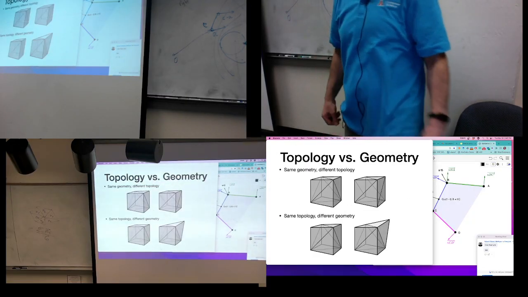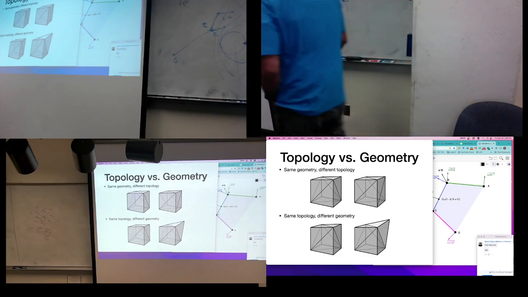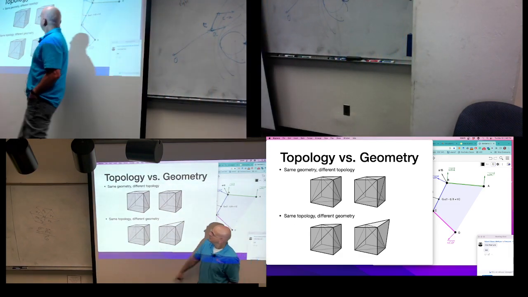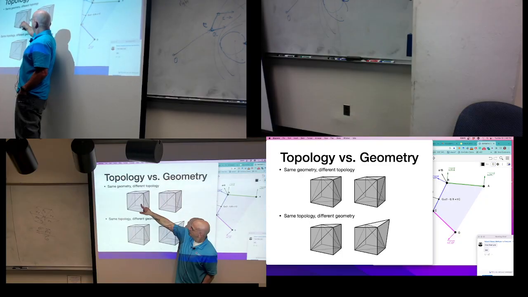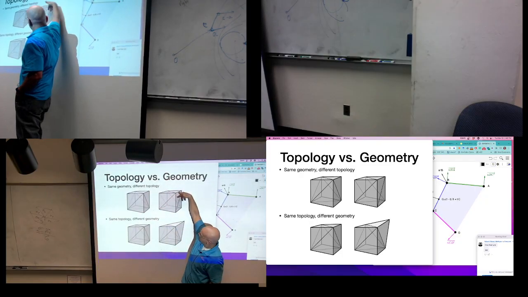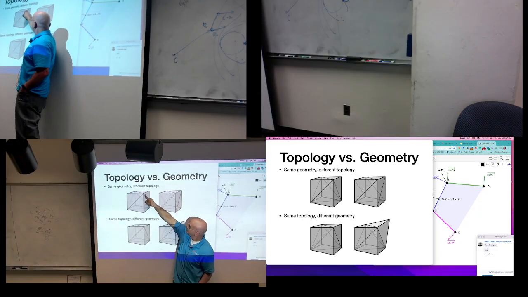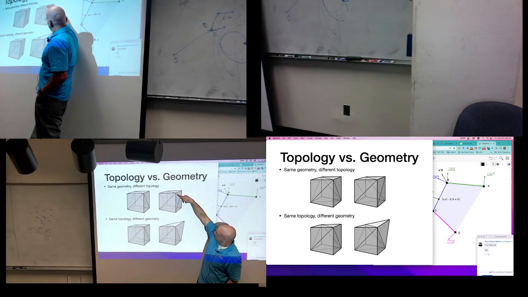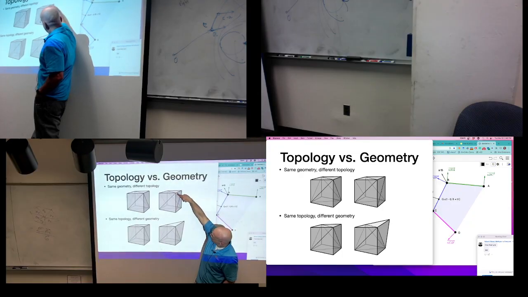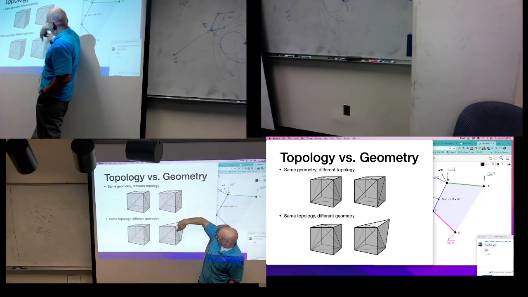But these could be quite different. Right? Same geometry, the same cube, different topology. I said the neighboring relationship between the vertices is different. This cube and this one have the same geometry.